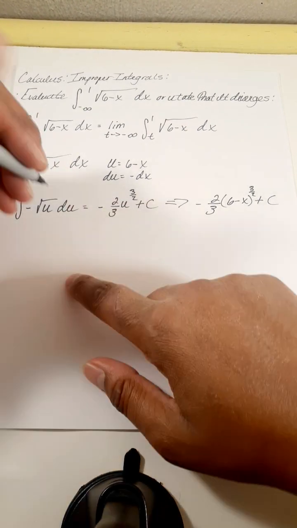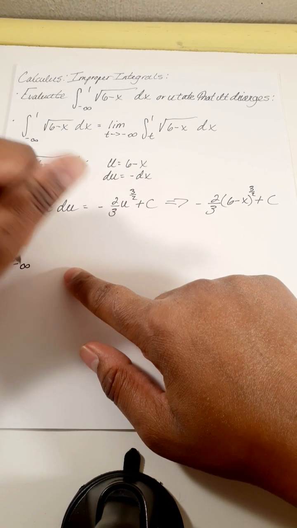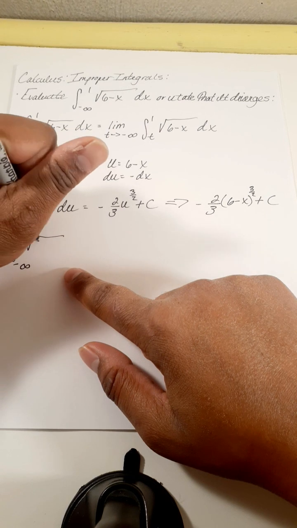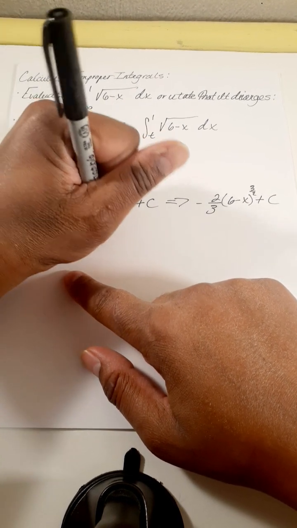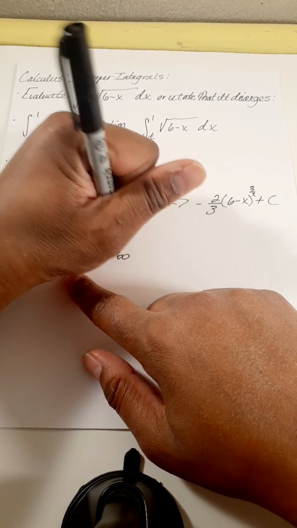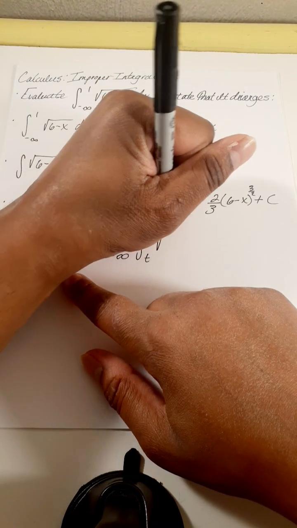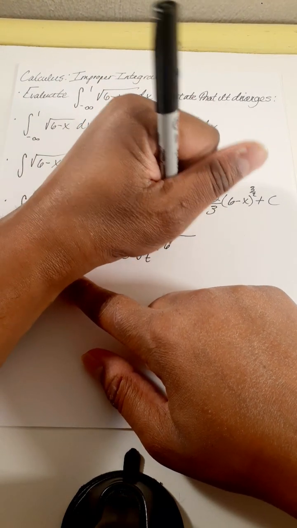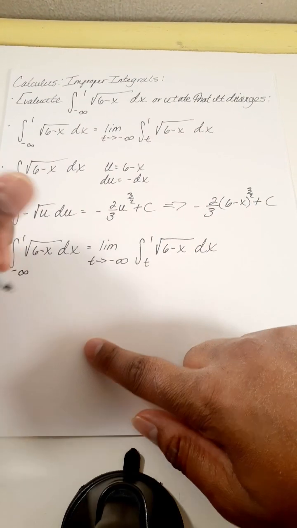Now we'll go back to the original problem. Remember, I set it up this way, and you have to set these improper integrals up this way. They have to be evaluated in this manner. So we went ahead and got our antiderivative.